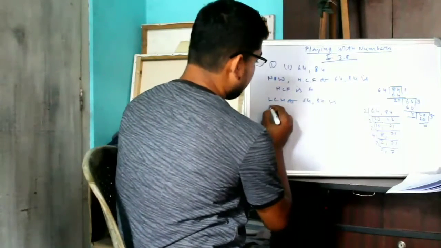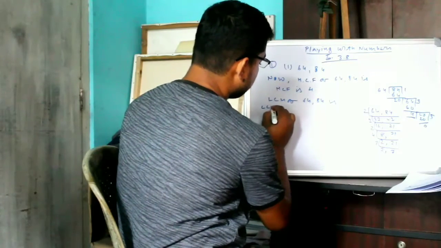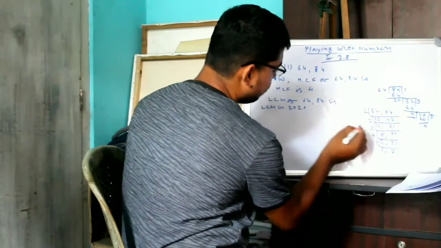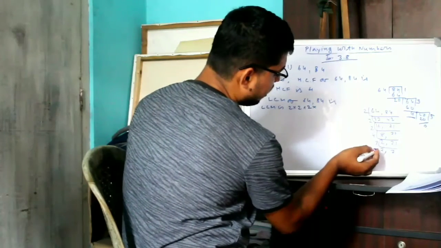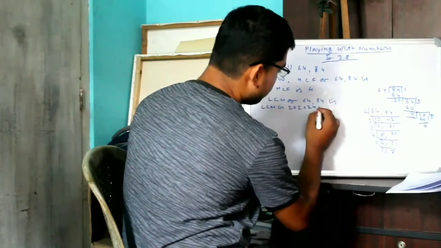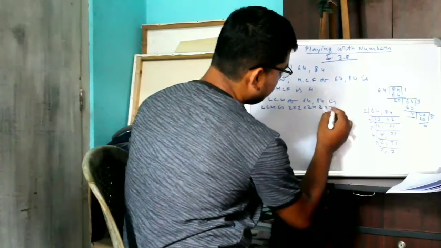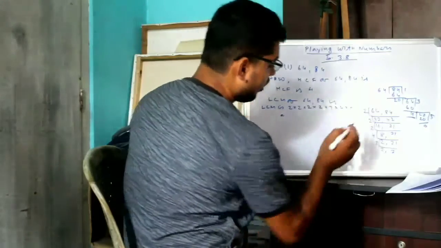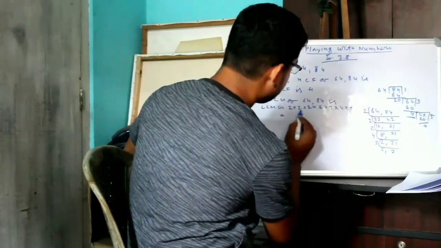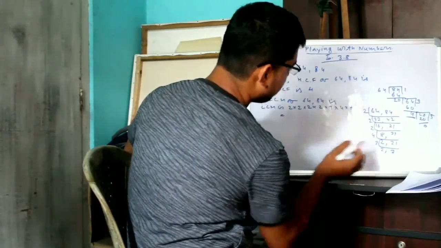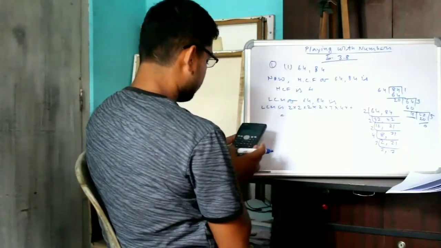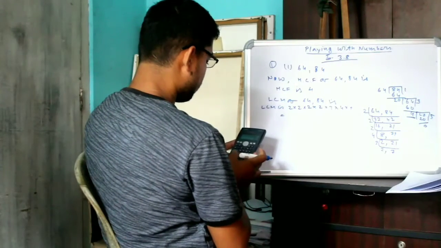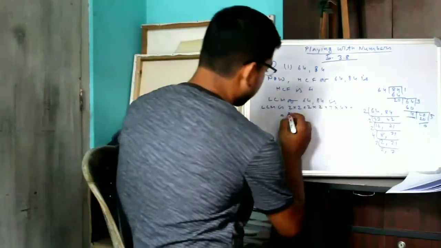So the LCM is 2 into 2 into 2 into 2 into 2 into 2 into 3 into 7. Counting how many 2s: 1, 2, 3, 4, 5, 6. 3 one time and 7 one time. The LCM equals 1344.